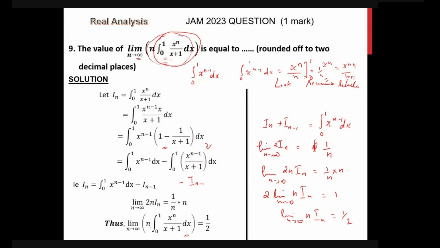So one method is you apply the limit after finding the integral, but here you cannot find that. That is the problem. So first find the integral and then apply the limit. Is it clear?